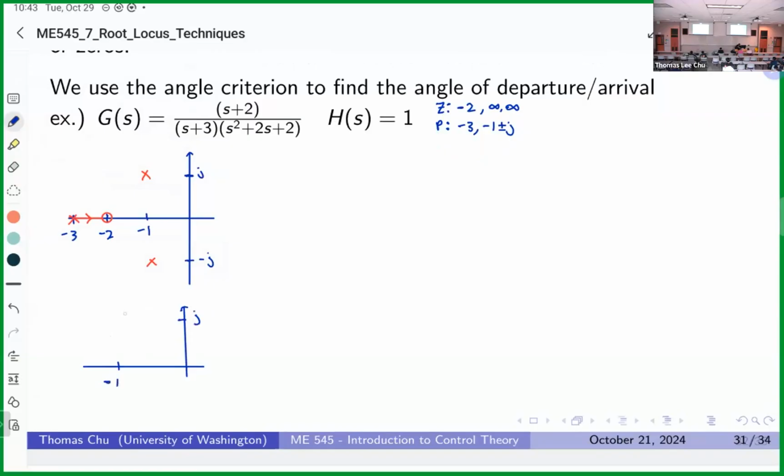So we look at this pole here. We're trying to find the angle at which it leaves, and I'm going to define this point here with a length of, I'm going to say, epsilon. It's very close. They're basically the same points.